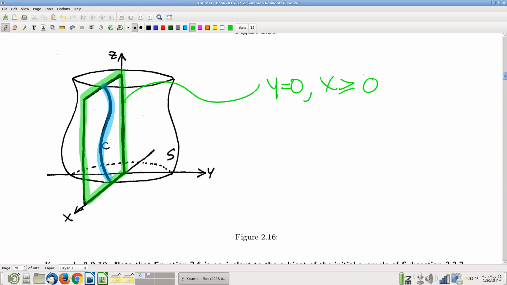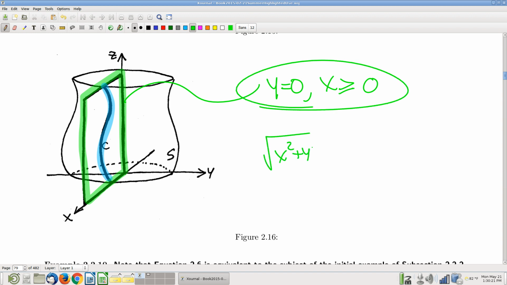Now, what's the effect of that? Well, when you do that, keep in mind, I know that in my expression I've got square root of x squared plus y squared is how x's and y's show up. If I take that expression and take advantage of the fact that y is equal to 0, then that turns into square root of x squared, namely absolute value of x.